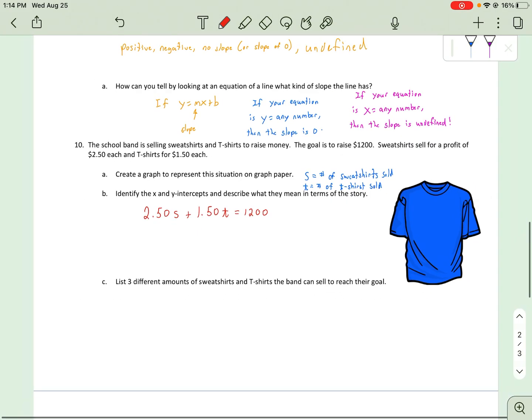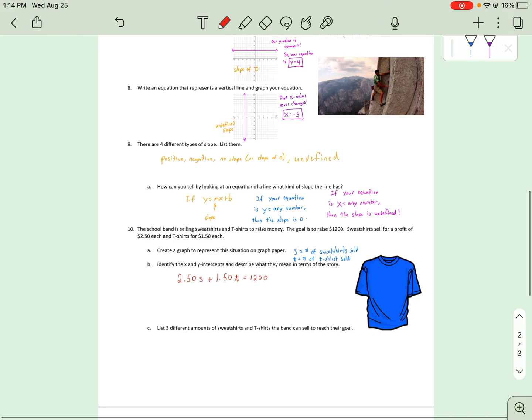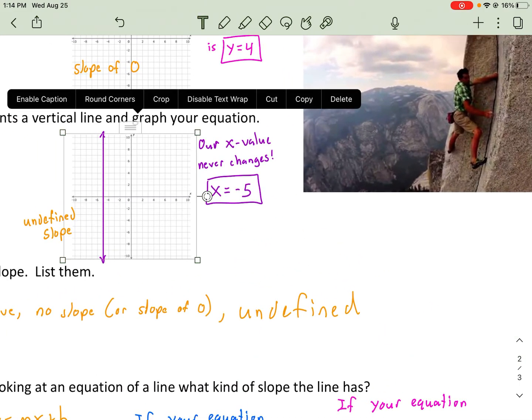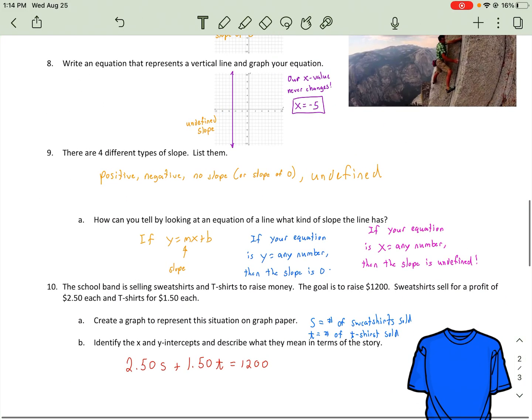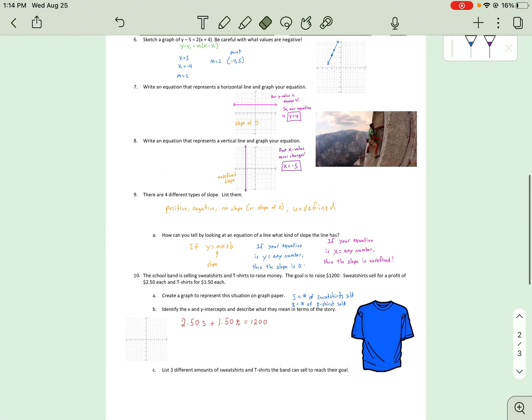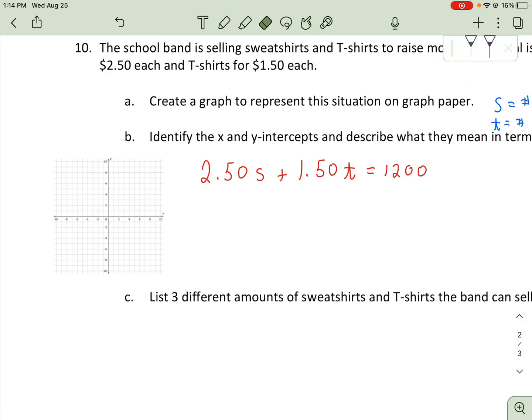Okay, so we can graph this. Let me copy another grid here. The easiest way to graph this is to find the intercepts.